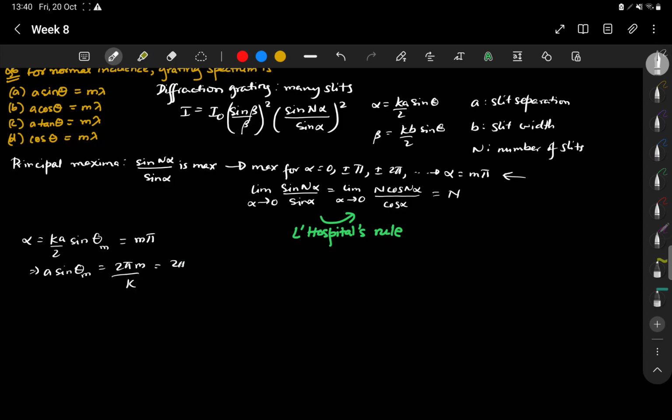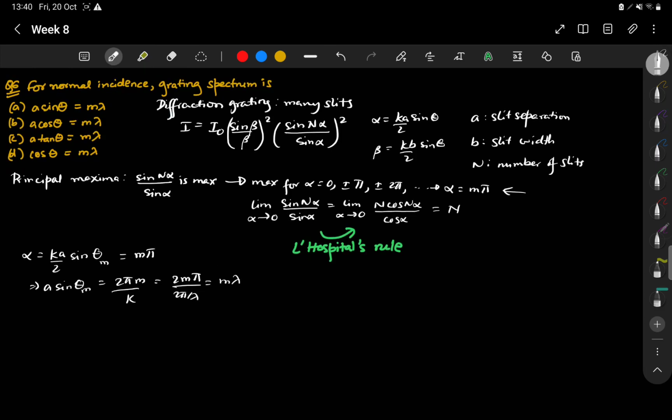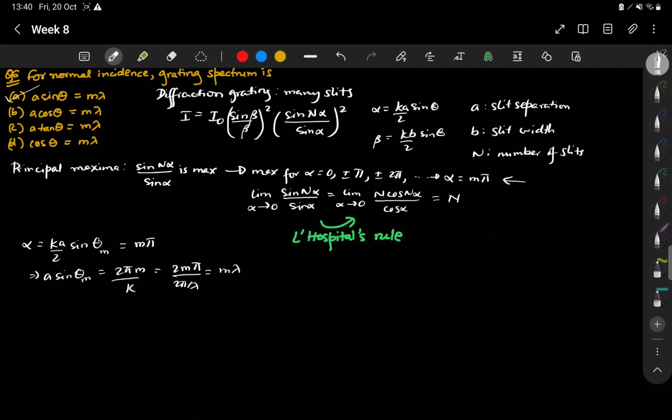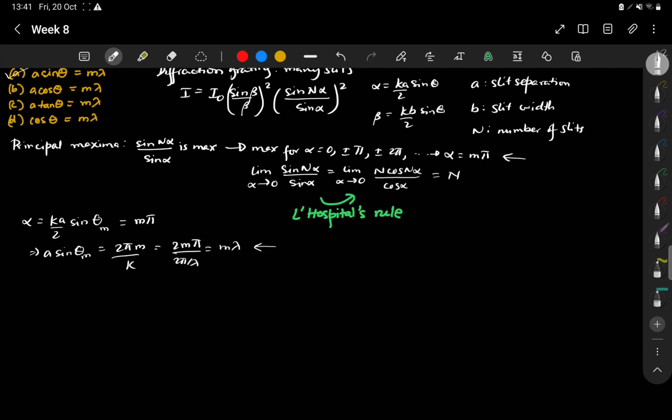K is 2 pi by lambda, so 2m pi over 2 pi by lambda is nothing but m lambda. So we get a sine theta m equals m lambda. So that is the grating equation, the grating spectrum. I hope this is clear.